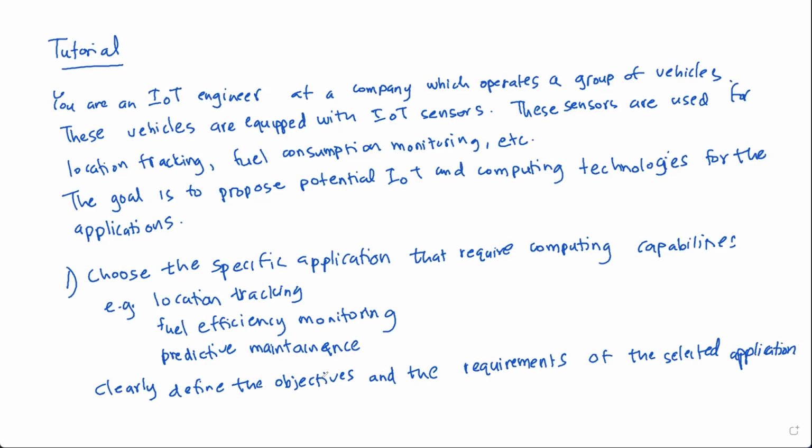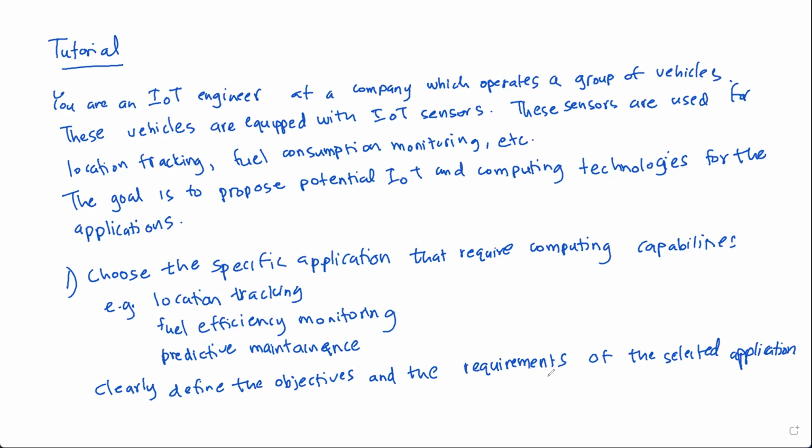Right, so you need to define the objectives and the requirements. Objectives means what are the things that you are going to achieve in that application. So if we take location tracking, the objective is to track the location of the vehicle with minimum error. So you can define that as an objective.